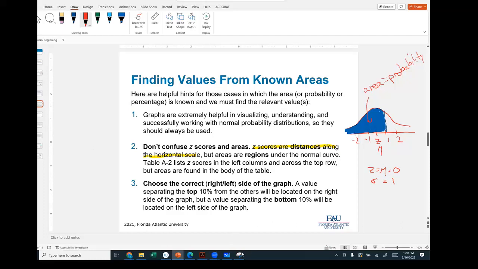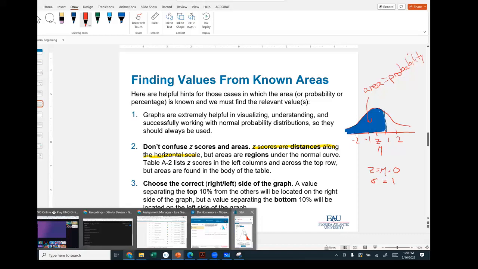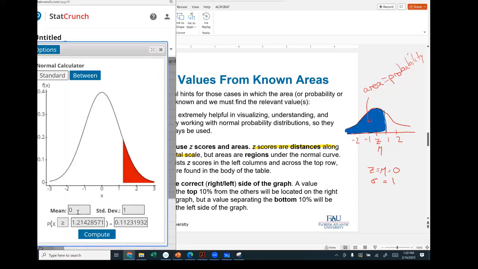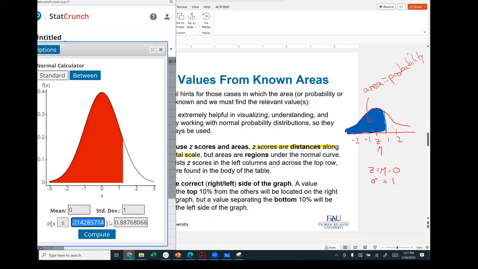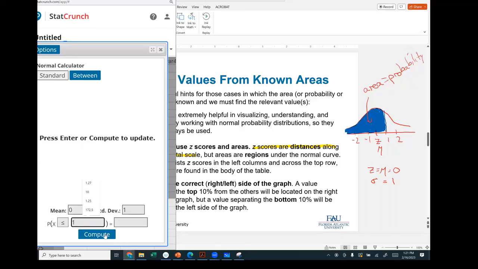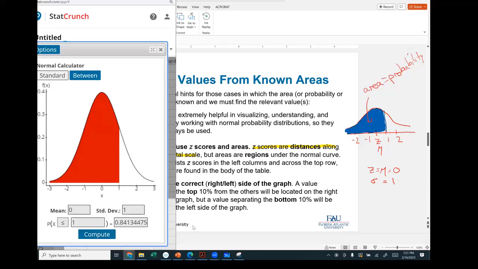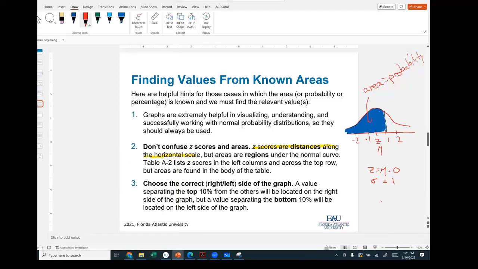We could even find out what it is. Let's pull up our StatCrunch. And now we've normalized it. So we made mean is 0, standard deviation is 1. I want to find x is less than or equal to 1. I hit compute and I get my answer, which for this particular problem is 84.13.